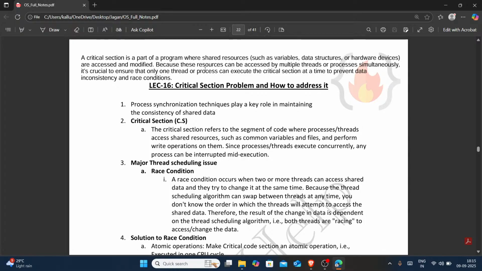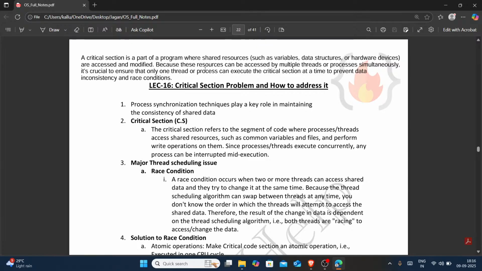This line is saying that because these resources can be accessed by multiple threads or processes, it's crucial to ensure that only one thread or process can execute the critical section at a time to prevent data inconsistency and race conditions.